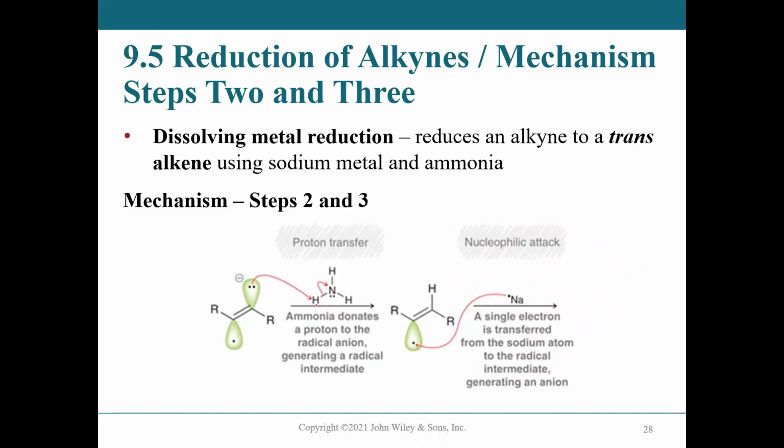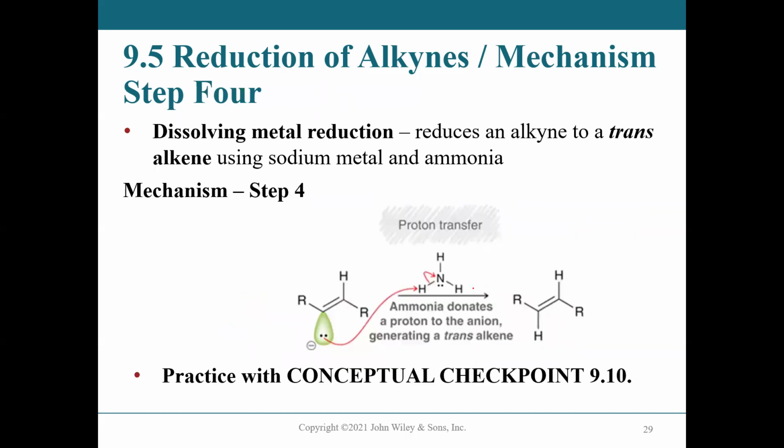So we have the proton transfer from the ammonia, and then a single electron is transferred from the sodium atom to the radical intermediate, generating an anion. And the ammonia donates another proton to the anion, generating a trans alkene.